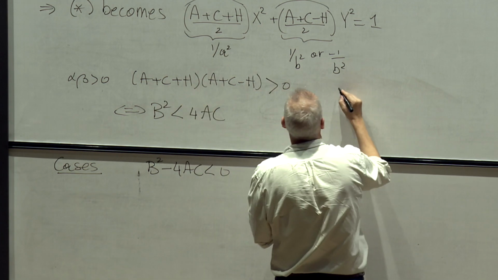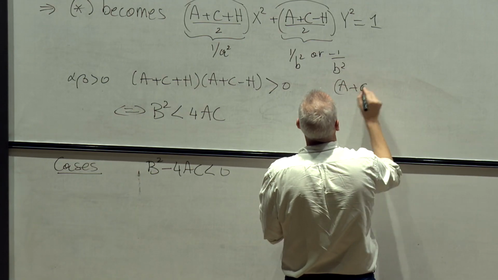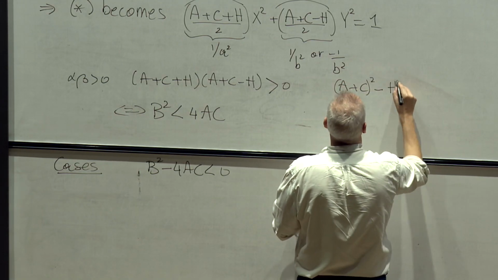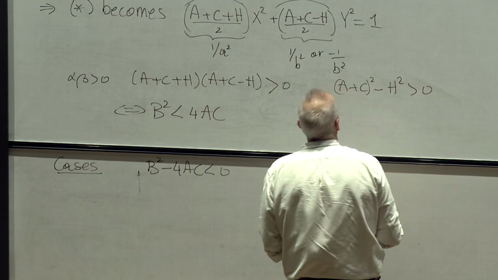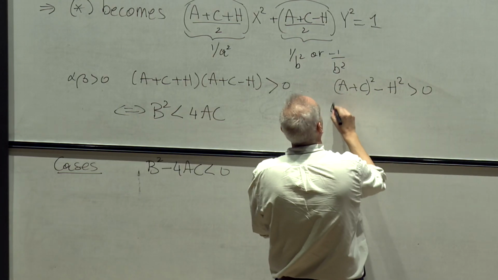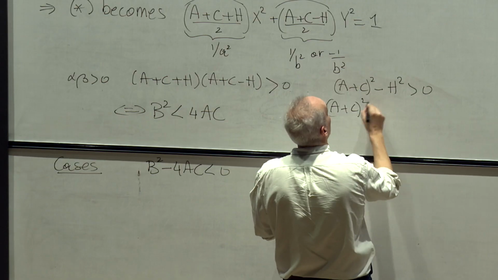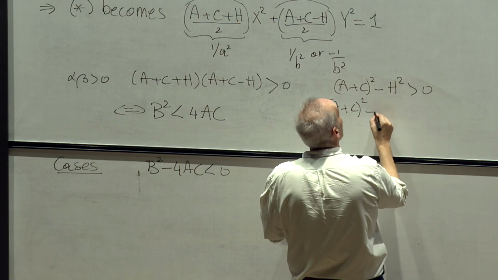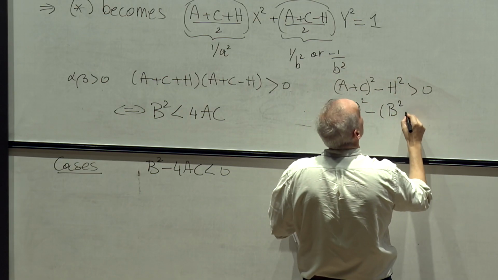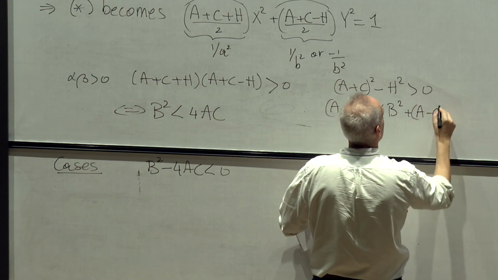So I can rewrite that as a plus c square minus h square positive. But h square is b square plus a minus c square.